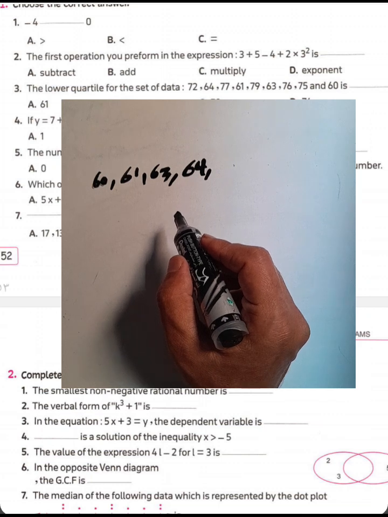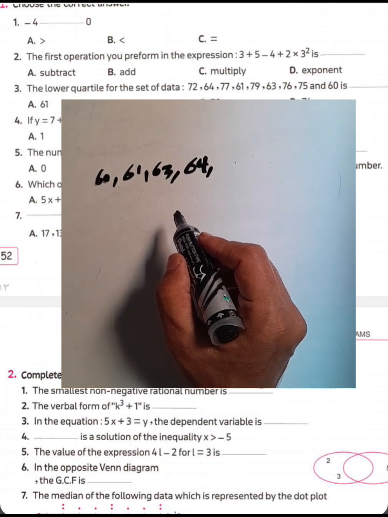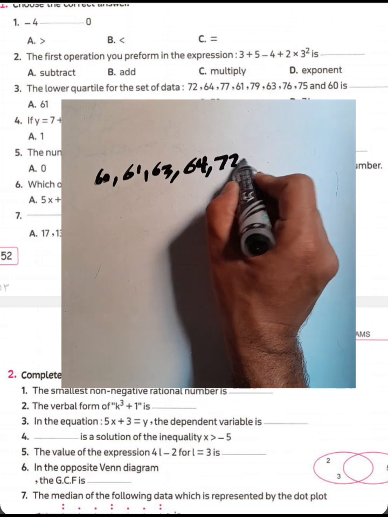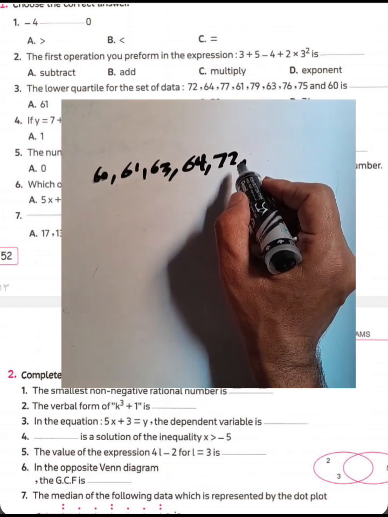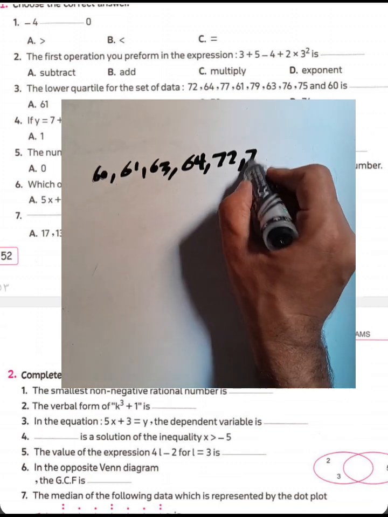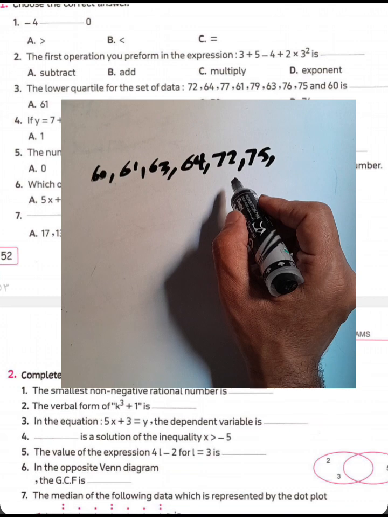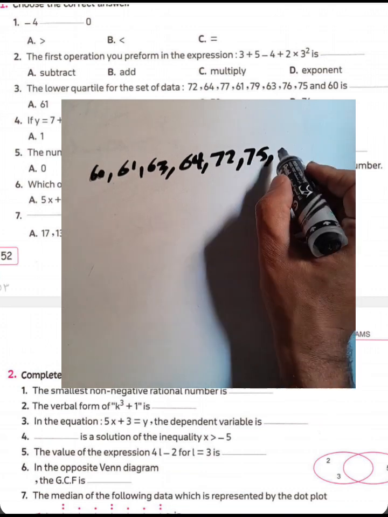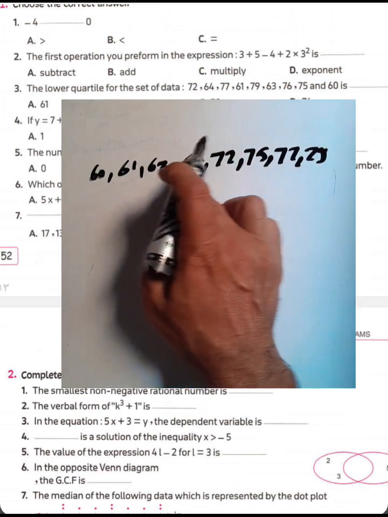We have 63, 64, 65 now. 70, 71, 72, okay, 73, 74, 75, 76, 77, 79.